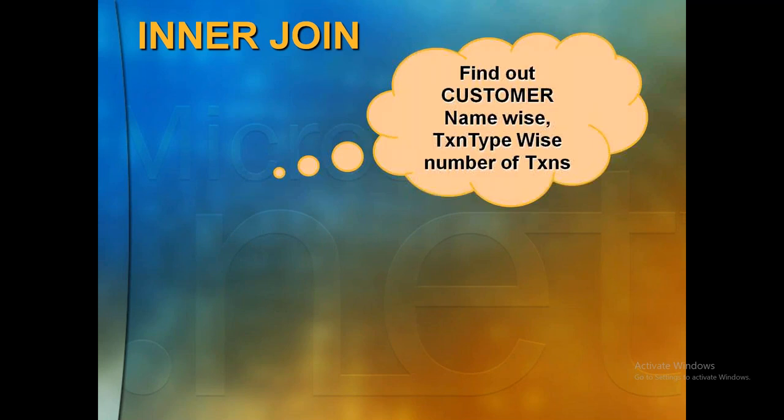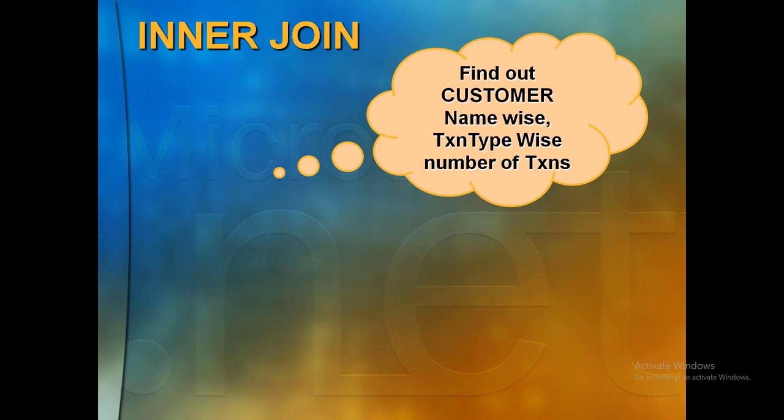The next query is: find out customer name wise, transaction type wise, number of transactions. You must know customer name is available in the account master table, while transactions like cash deposit and cash withdrawal are available in the transaction master. I wanted to know, for each customer, the number of transactions.